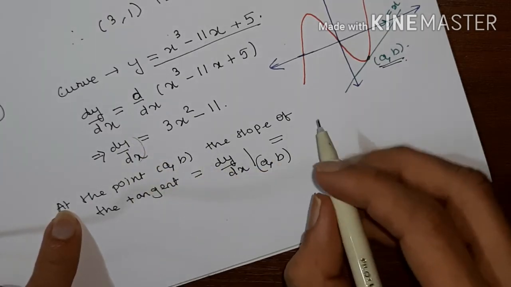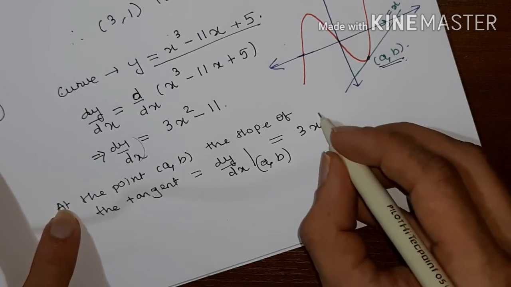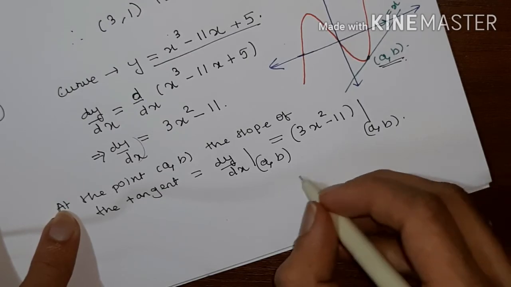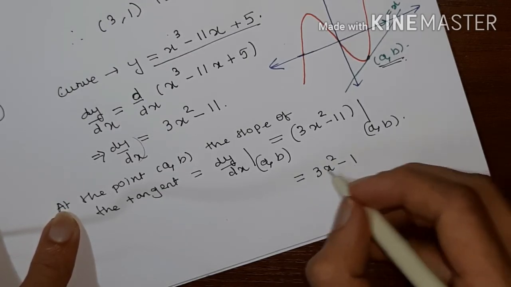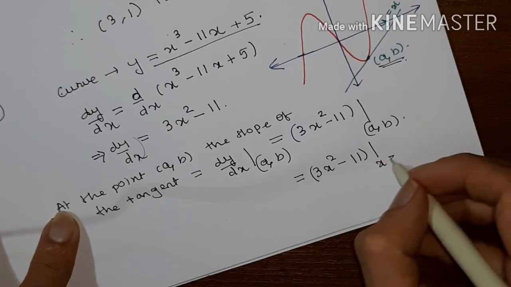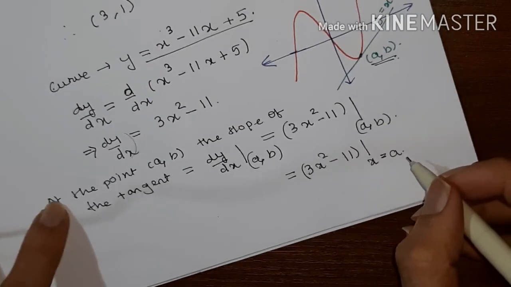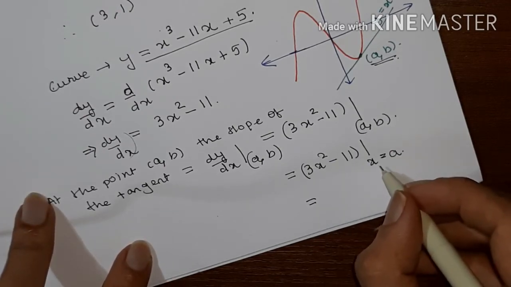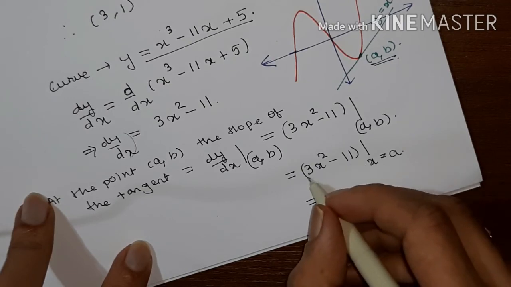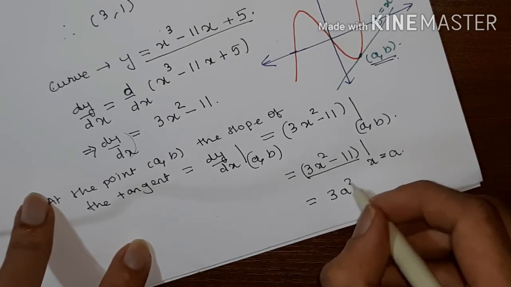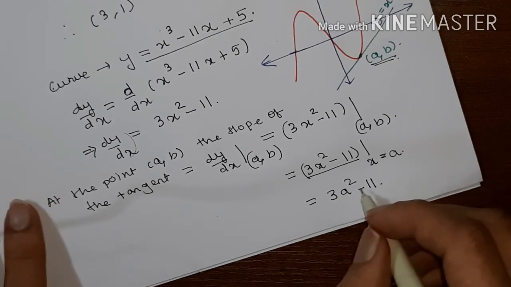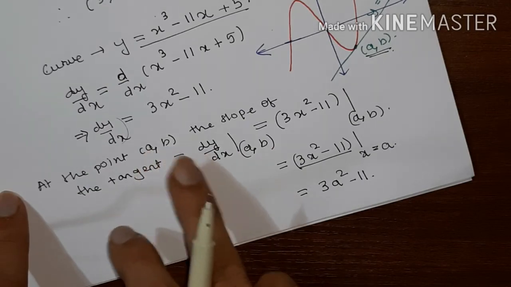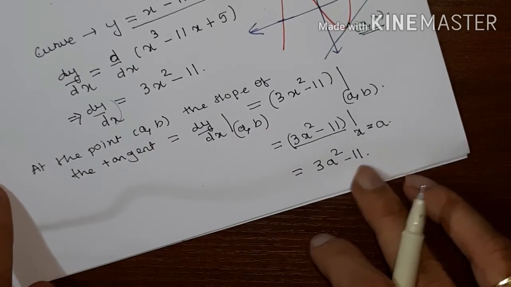You have to find the slope of the tangent by using this dy by dx at the point a comma b. So what you will get is 3x square minus 11 at the point a comma b, or in other words, 3x square minus 11 at the point x equal to a. You just substitute x equal to a in this, so you will get 3a square minus 11. So the slope of the tangent at the point a comma b is 3a square minus 11.